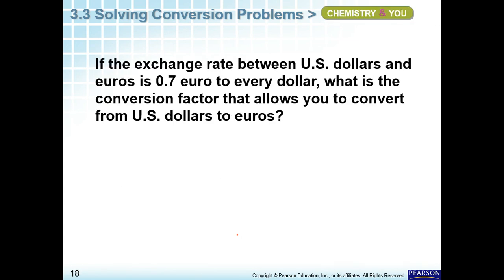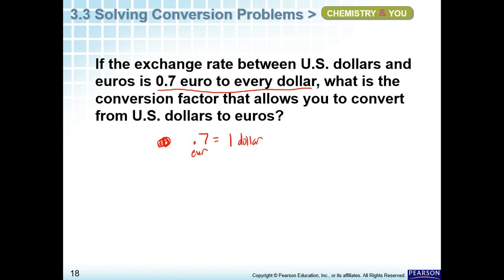The last thing we're going to work through is if the exchange rate between US dollars and euros is 0.7 euro to every dollar, what is the conversion factor that allows you to convert from dollars to euros? This ties us back into the beginning of why we learn conversions. Here, this statement says 0.7 euros to every dollar. So we know that 0.7 equals $1.